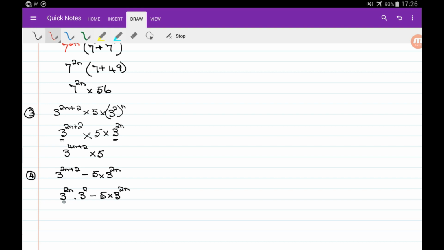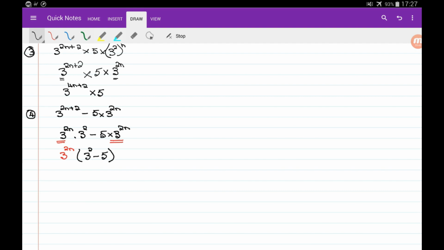Now I have a common factor of 3 to the power of 2n, which I can take outside of my bracket. What is left from that term? A 3 squared. What is left from that term? A minus 5.